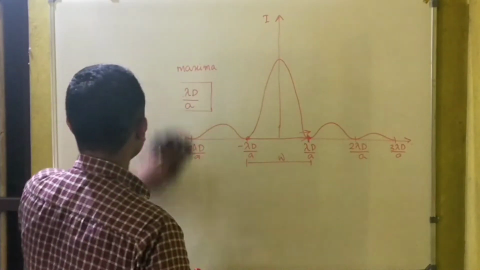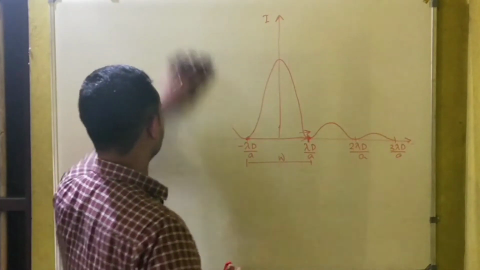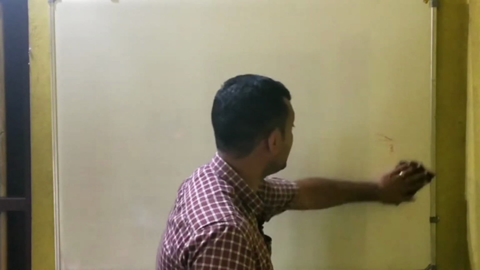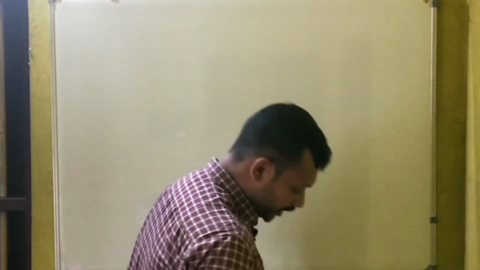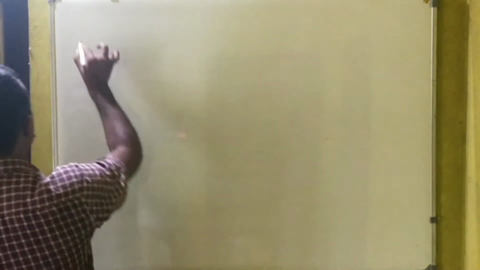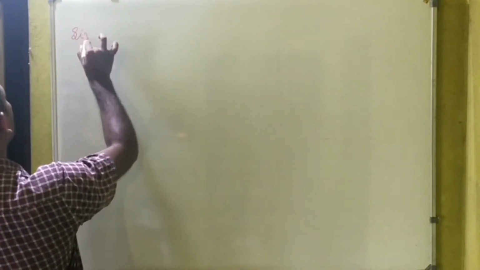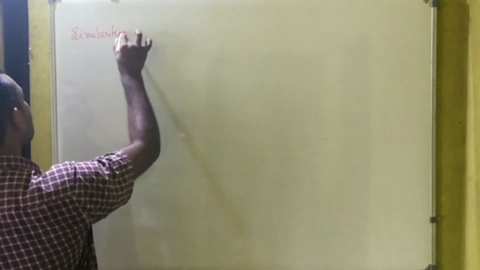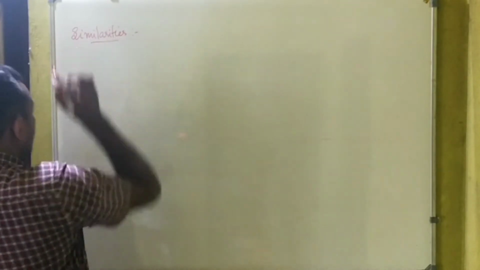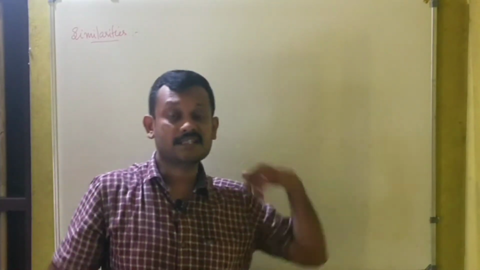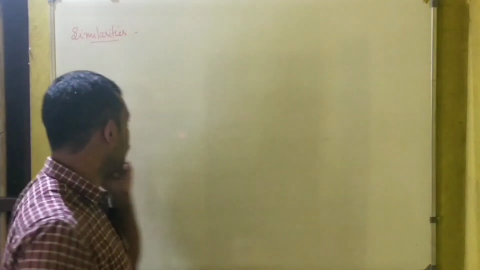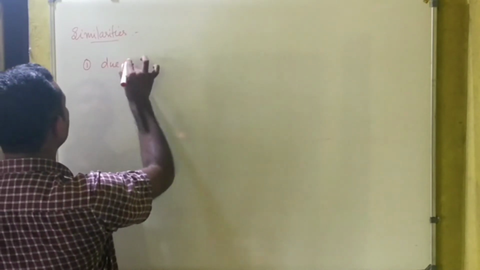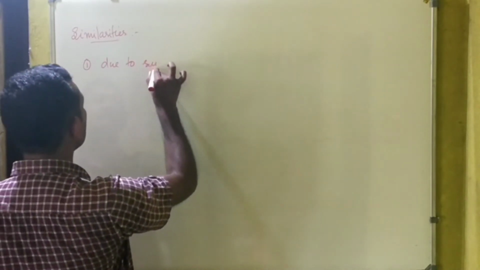Now we will discuss another important thing. What are the similarities and differences between interference and diffraction? So let us calculate similarities. What are the basic similarities you could see? First one, both arise due to superposition of waves.